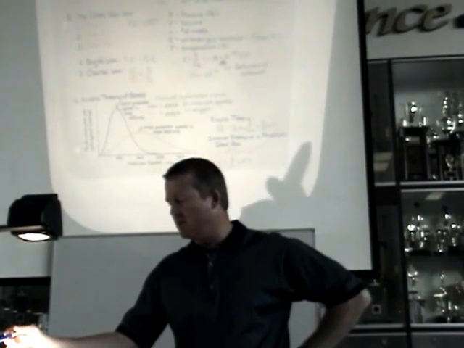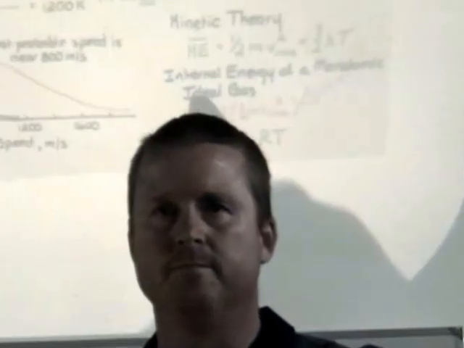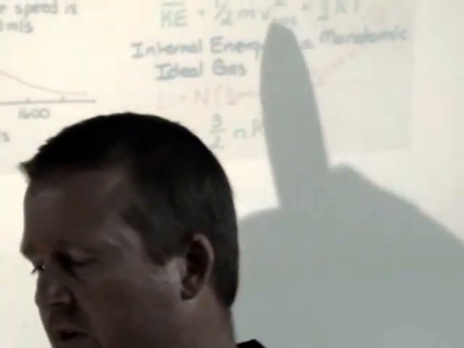Okay? So the kinetic theory over here, we know that kinetic energy is 1/2 mv squared. So the v that we're using is the root mean squared. Now, we can also find the kinetic energy by taking 3/2 kT, k being Boltzmann's constant and T being the Kelvin temperature.